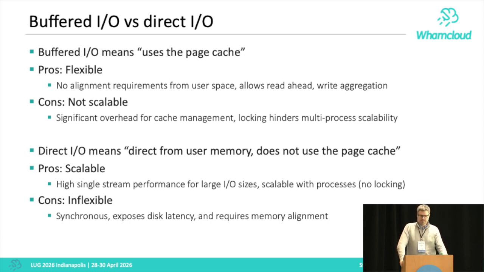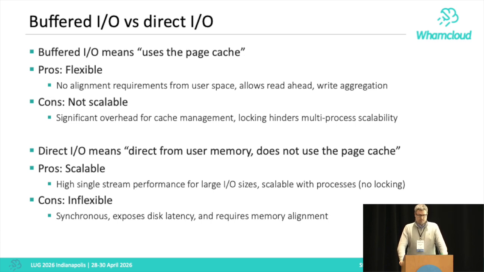It also allows read ahead and write aggregation, which is really important for small I/O requests to get good performance. This is why a couple of slides ago you saw a decent performance at 4K. The problem is the page cache is shared by all the other processes, and so you need to lock them. That really hinders the scalability here. So there's a significant overhead for cache management.